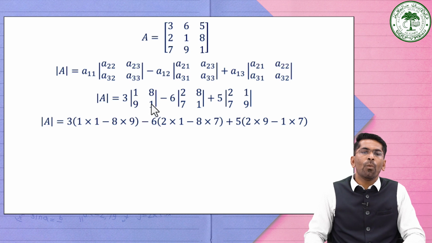Now we consider 3 into (1 into 1 minus 8 into 9), minus 6 into (2 into 1 minus 7 into 8), plus 5 into (2 into 9 minus 1 into 7).